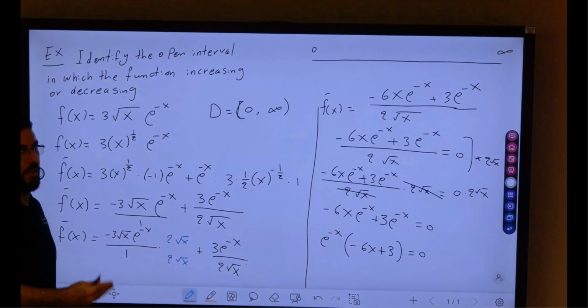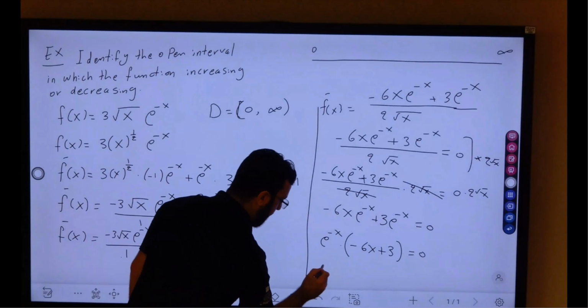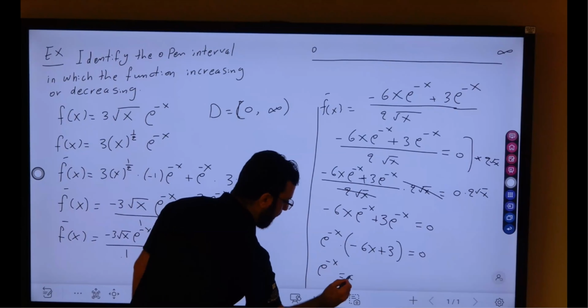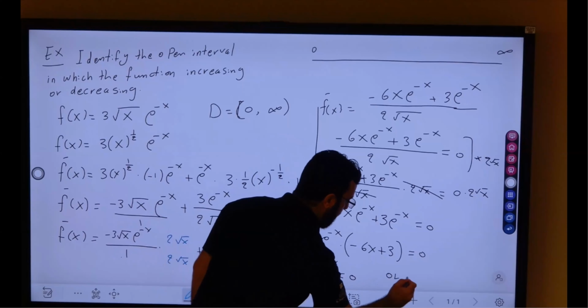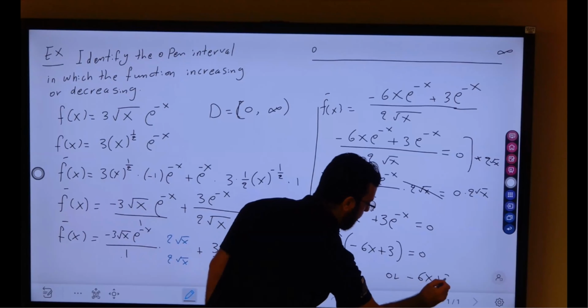What's the next step? So e to the negative x equal to 0. Okay, that means -6x plus 3 equals 0.